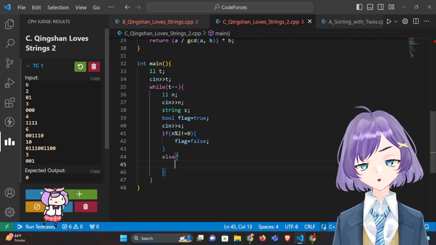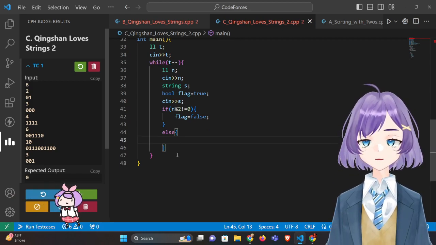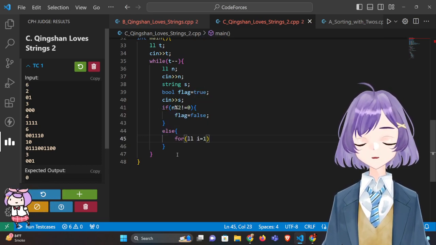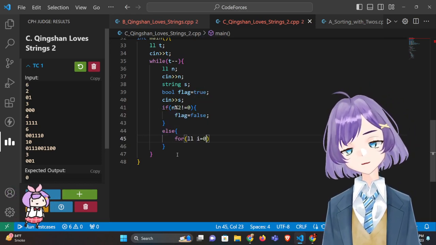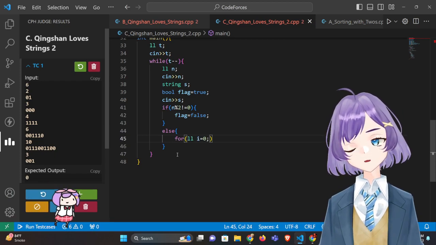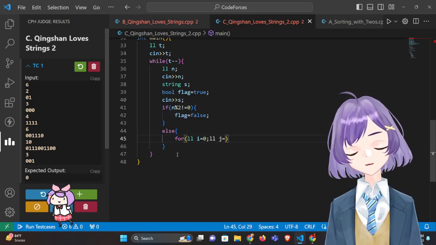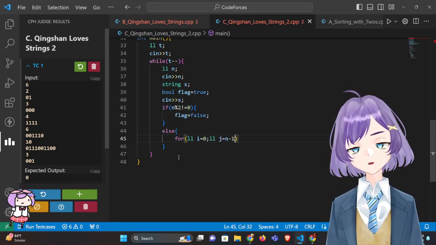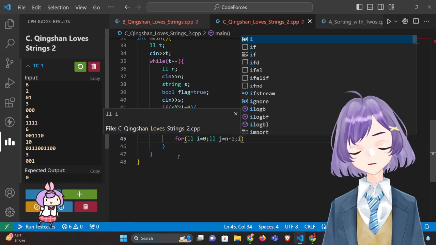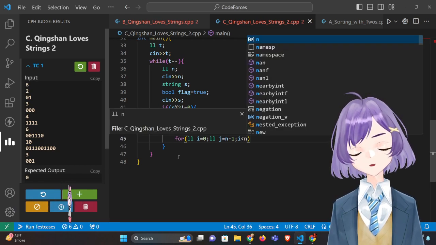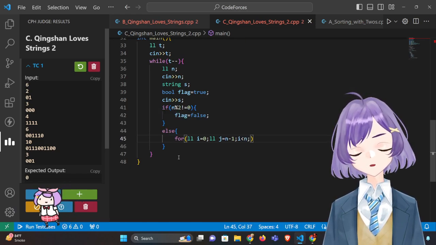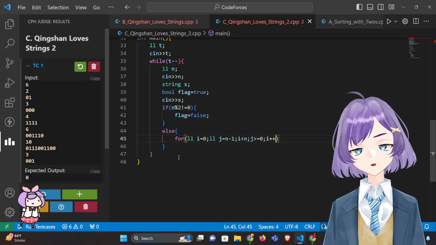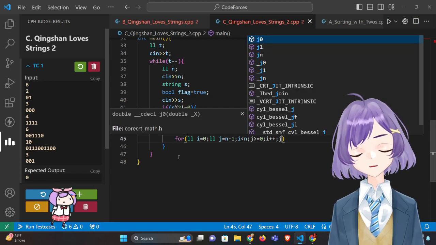Else. If n percent 2 is equal to 0, for long long I equals 0, long long J equals n minus 1, I is less than n, J is greater than or equal to 0, I plus plus, j minus minus.